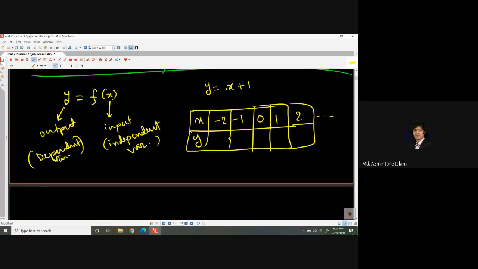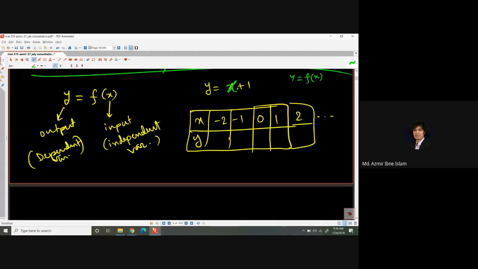Let's input -2. I am using a different color so that you can see this is the input. In f of x, the variable inside the parenthesis acts as the input.